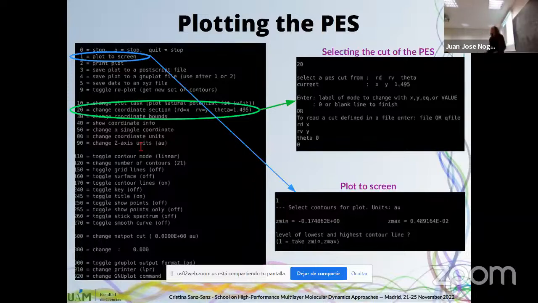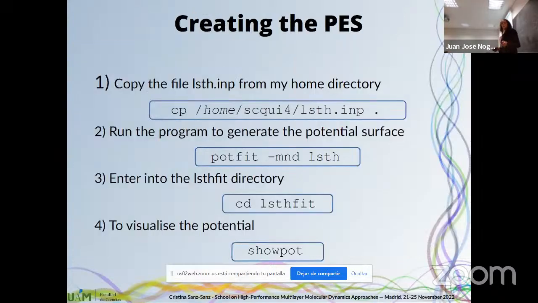There is another program that is part of the package that is called showpot. That is the one that is in the previous slide at the bottom.